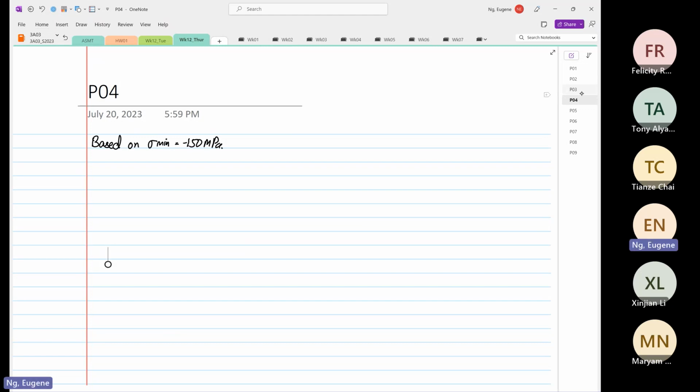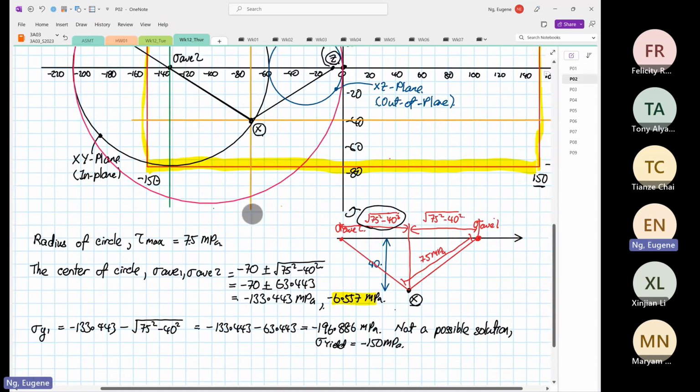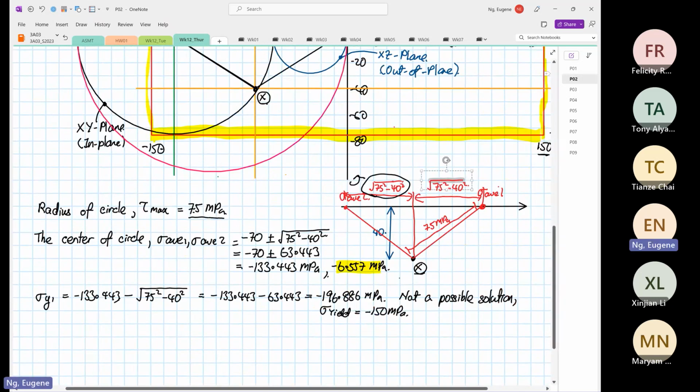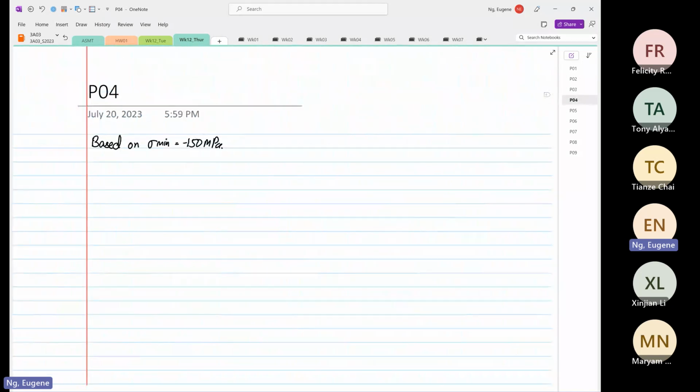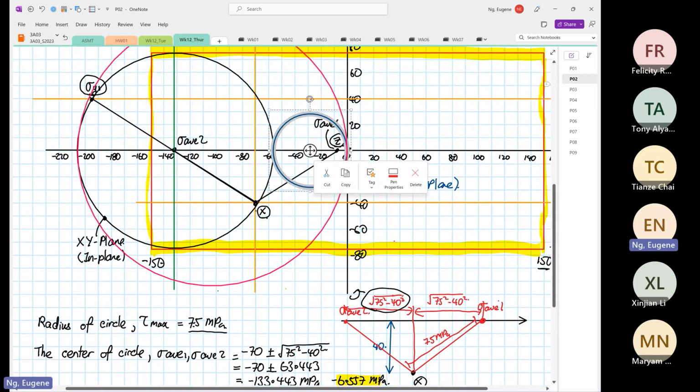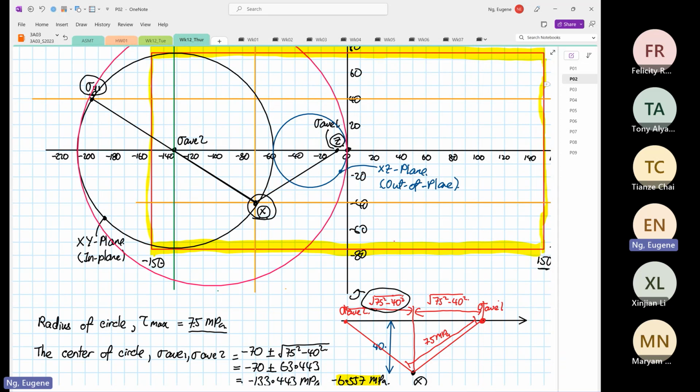The previous solution was based on the radius of the circle, tau max. Now we are going to base on minus 150. Some of you will ask me, Eugene, why minus 150 and not plus 150? This is because we know point X is already at the negative. If we use the positive 150, then the circle will go outside the red box. So we can't do that.